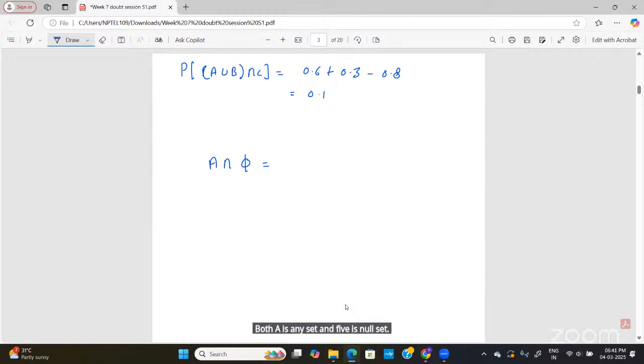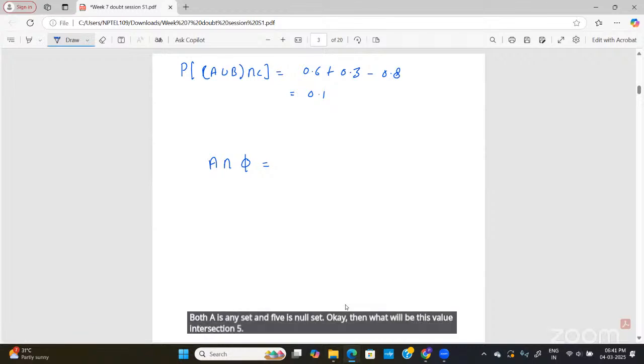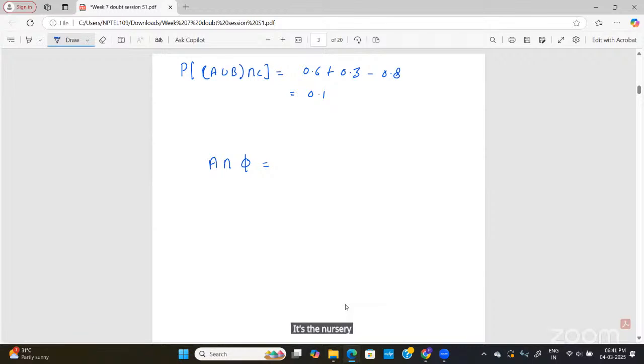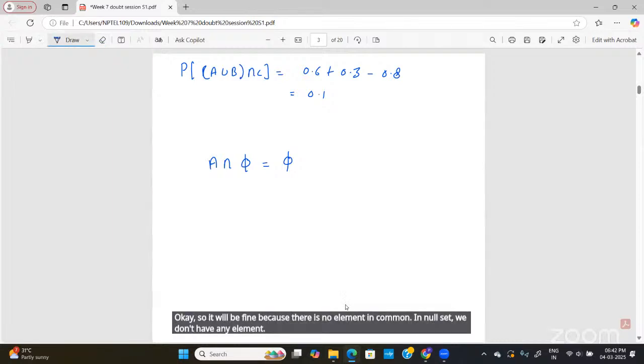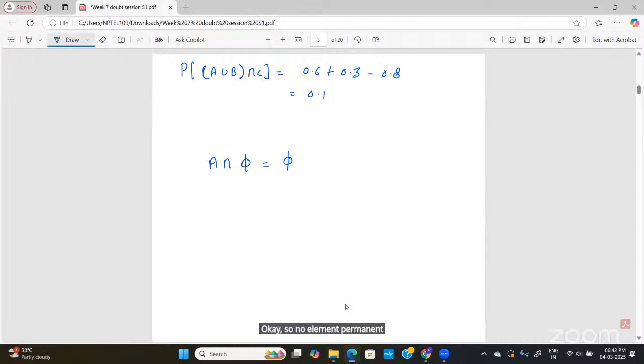A intersection phi is a null set, right? A is some set which contains some elements. So it will be phi only. It will not be 0 because 0 is also an element. It will be phi because there is no element in common. In null set, we don't have any element, so no element common in A and phi. So it will be phi.